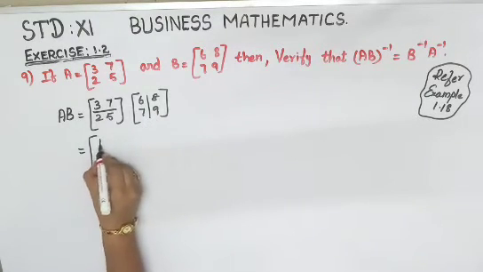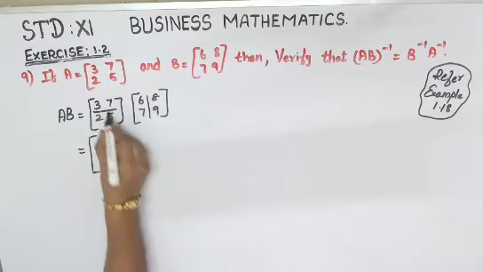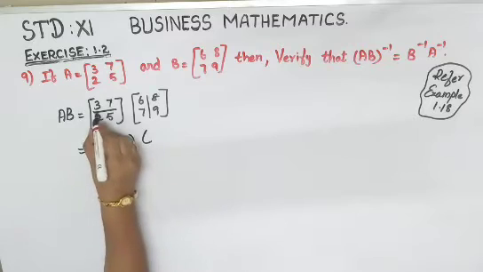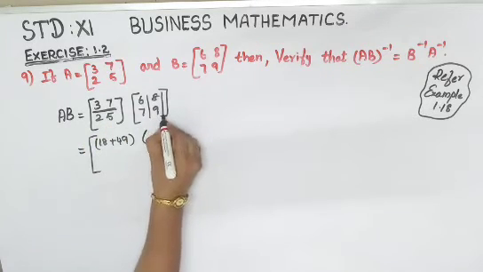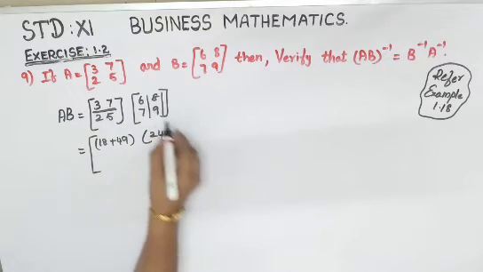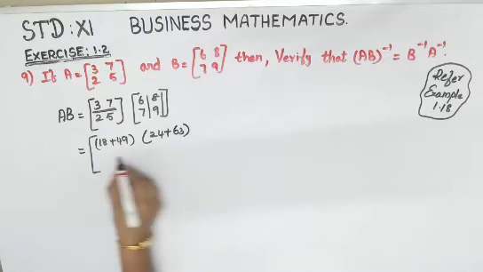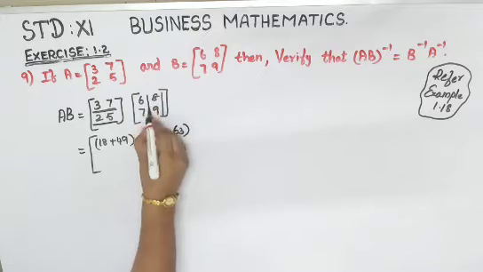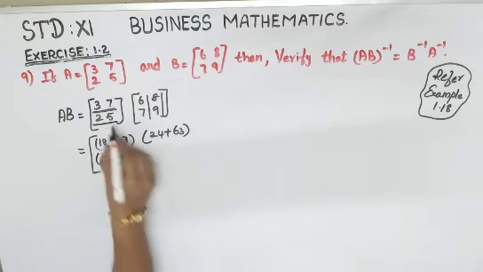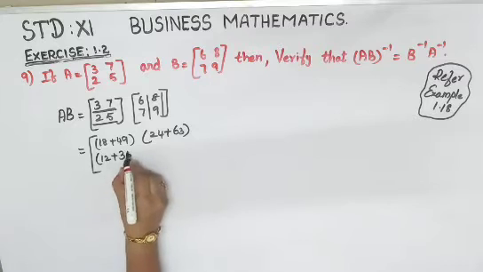So 3 6s are 18 plus 7 7s are 49. Then first row second column, 3 8s are 24 plus 7 9s are 63. Then second row first column, 2 6s are 12 plus 5 7s are 35.